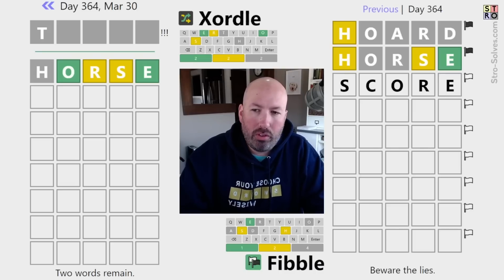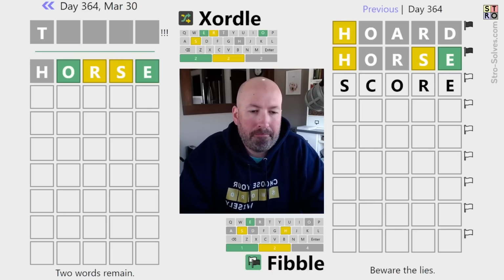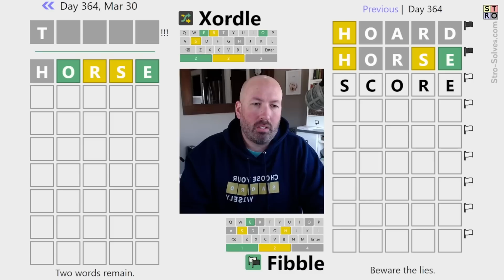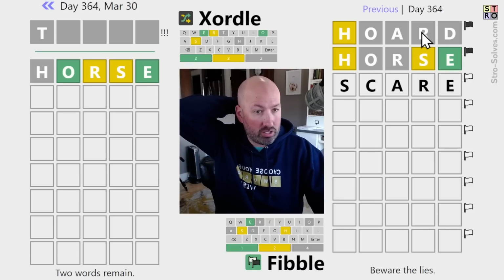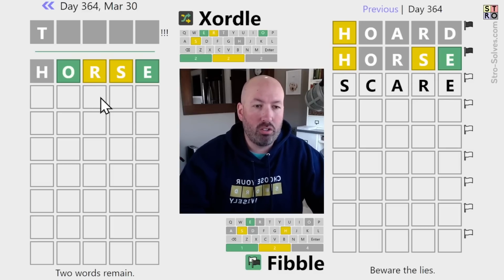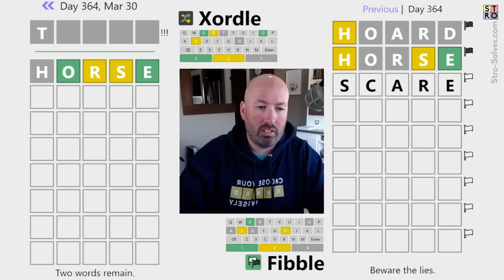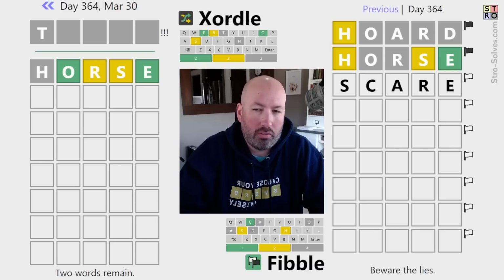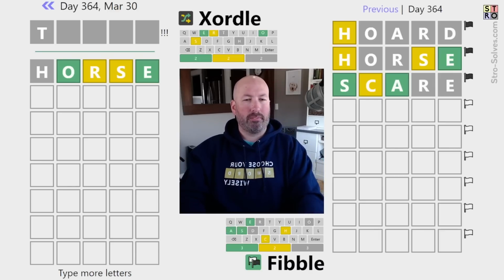That's pretty good for the Fibble, but that's not great for the O and the E on the Zordle. We could do scare. Scare is good because that repeats the A, so we're still getting chances for some contradictions over here, but we're trying a new letter on the Zordle as well. Do we want to do the E is the question. And we could do something like scarf. Yeah, I don't know, let's just go with scare.